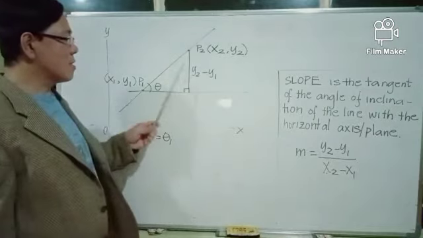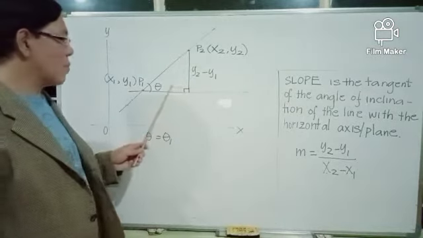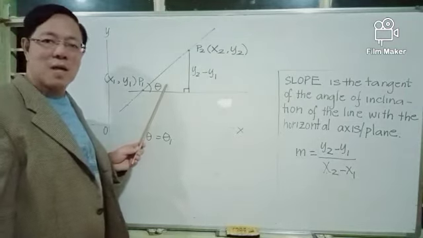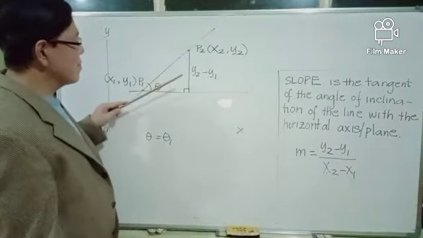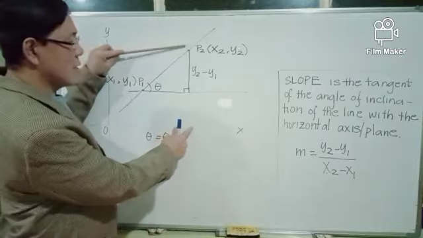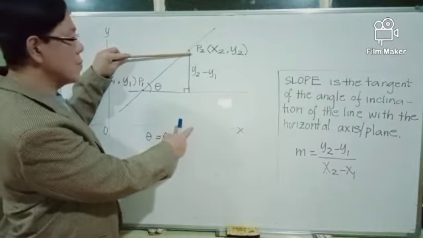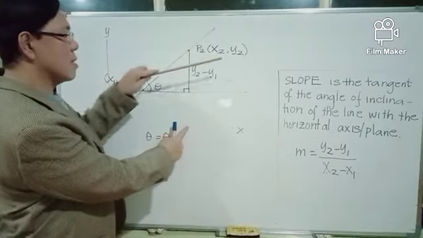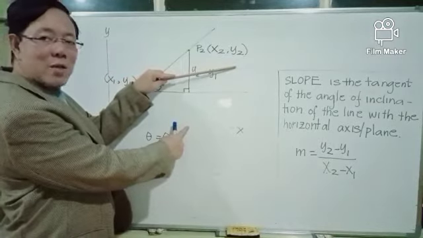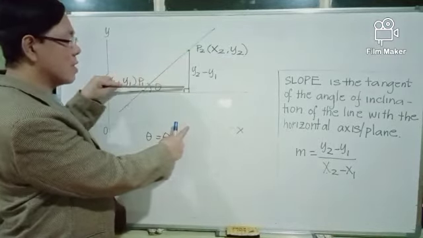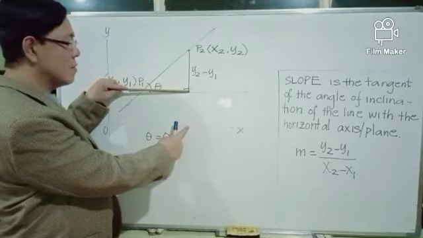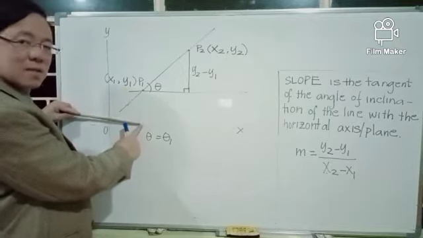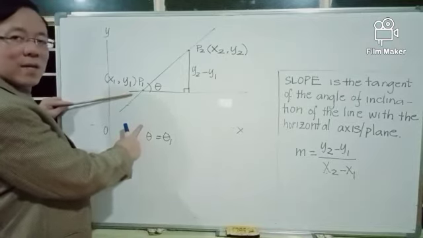Again, this side of the right triangle opposite the acute angle theta, or the angle of inclination of the line, is given by this length y2, the distance of the point P2 from the x-axis, given by the ordinate y2 of P2, minus this length, which is equal to the distance of the point P1 from the x-axis, and is given by y1.